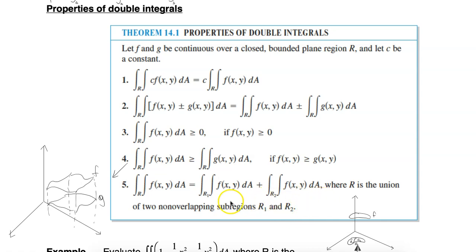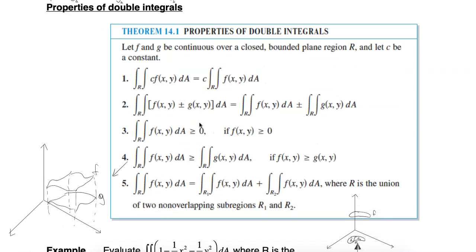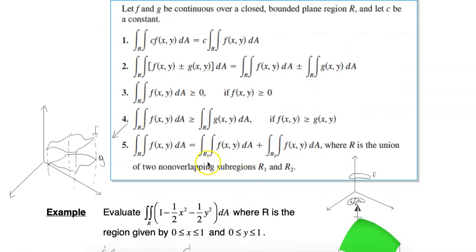This is what we used to see in AP Calculus AB as this one here. The integral from A to C is equal to the integral from A to B plus the integral from B to C. Here we split the interval AC into two subintervals that entirely covered AC without overlapping, and it's the same here with regions.